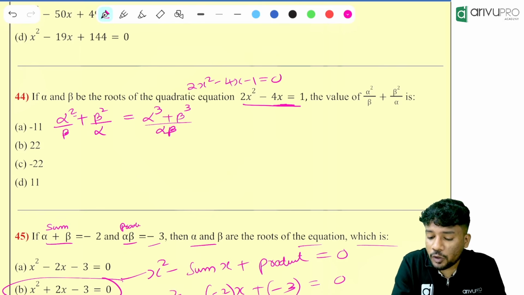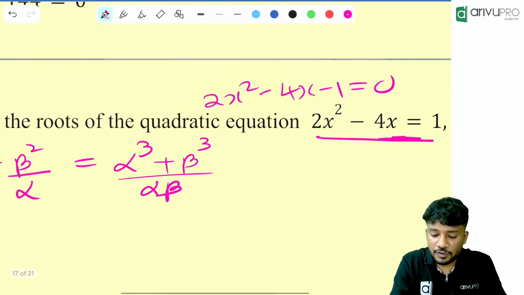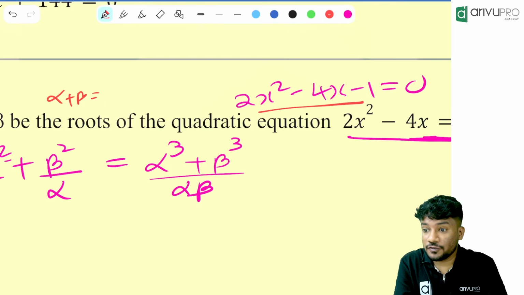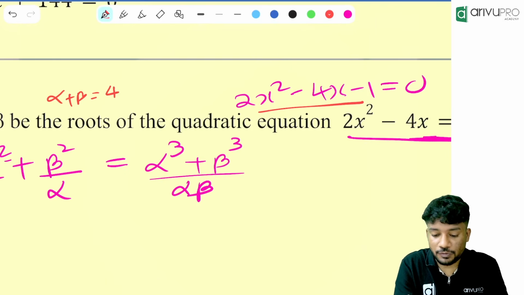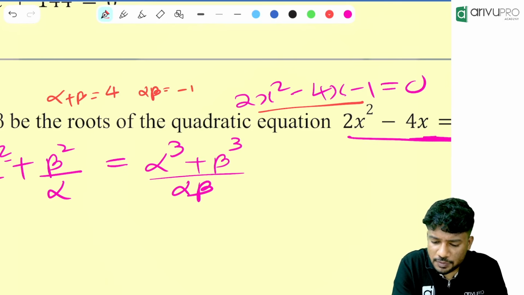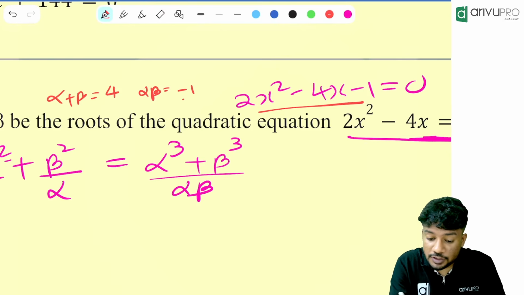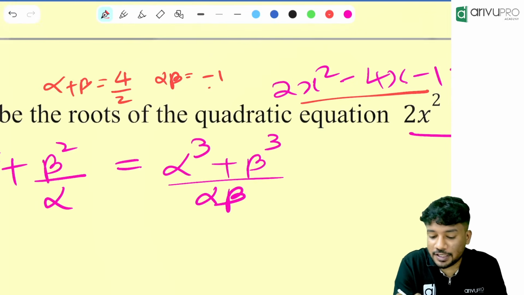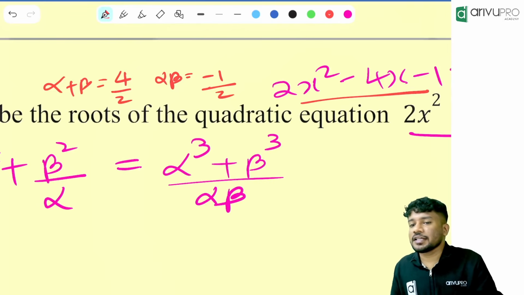Can anyone tell me what the sum of the roots is over here from the given question? Alpha plus beta is how much? Minus of minus 4. Correct? That will become plus 4 divided by the coefficient of x square, right? So you should write it as 4 by 2.